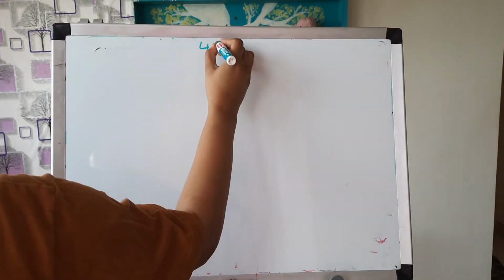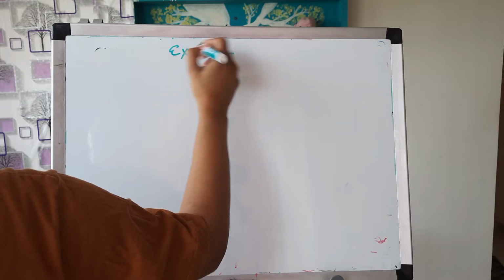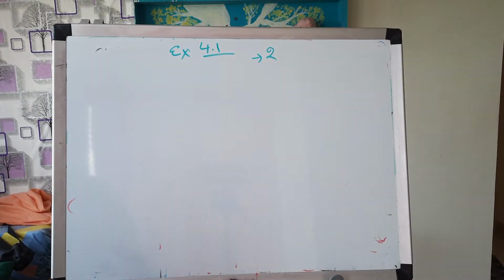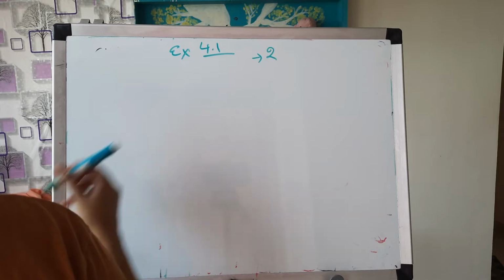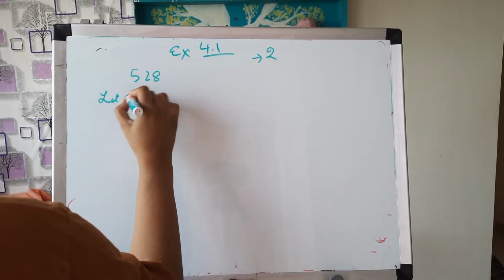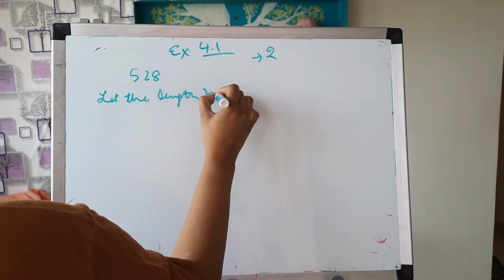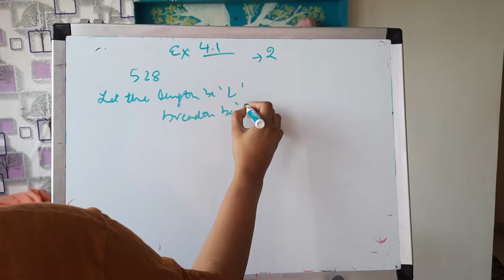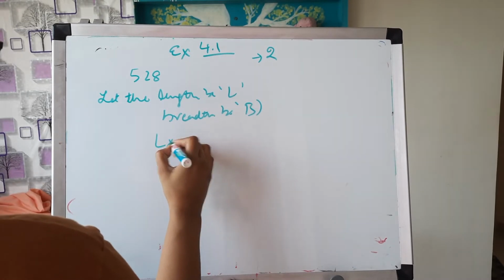So let's look at the problem sums of Exercise 4.1, question 2. So here the area of the rectangular plot is 528. Let the length be L and the breadth be B. Area is L into B, right?